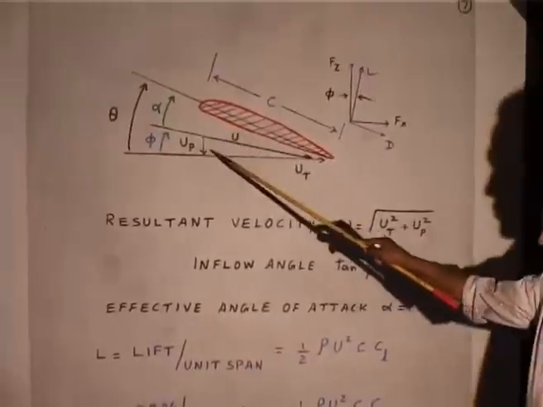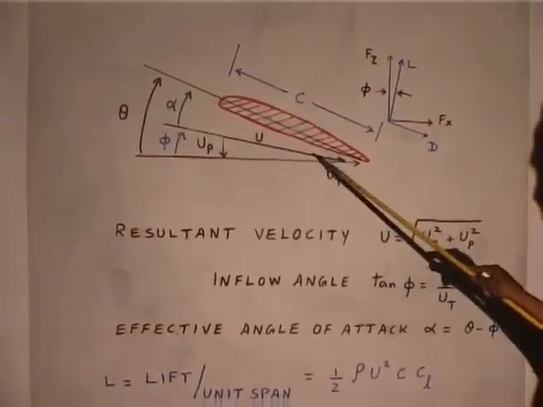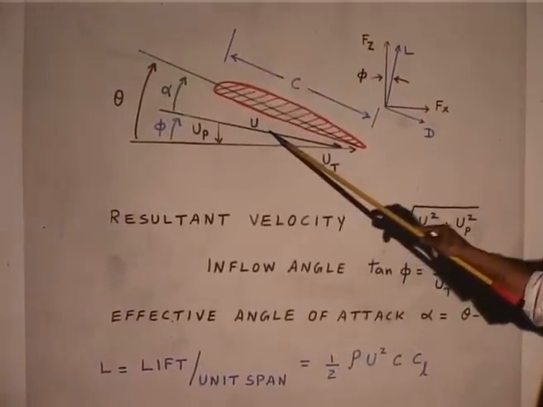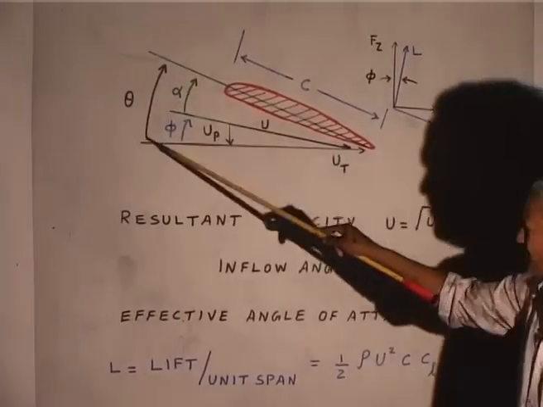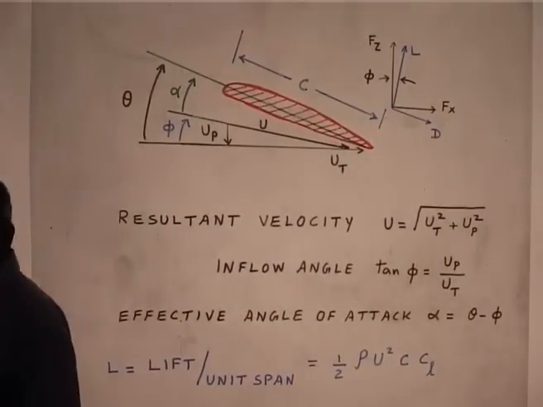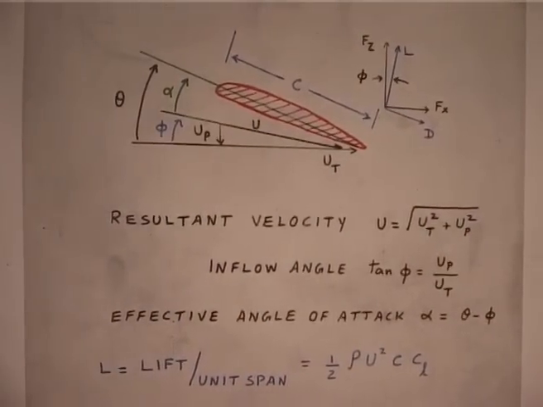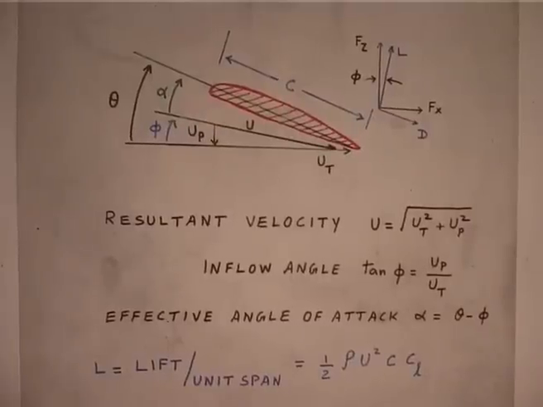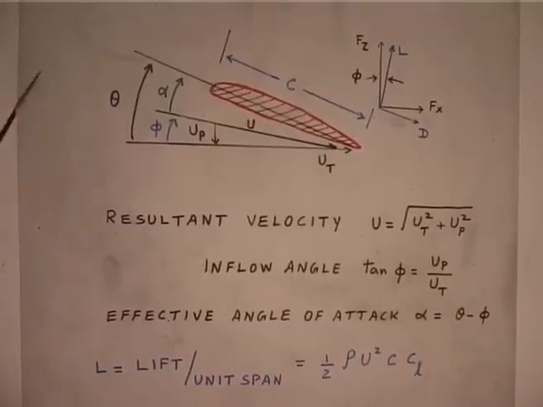So, up, ut, and this is the resultant u, and theta is the pitch angle, and alpha is the effective angle of attack.